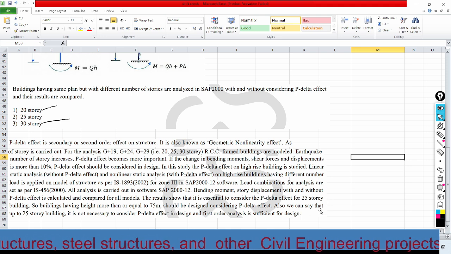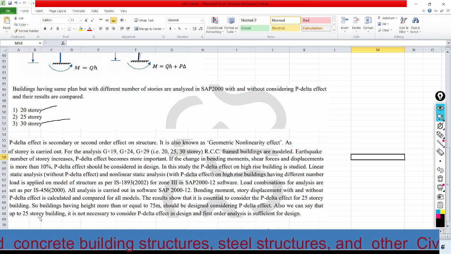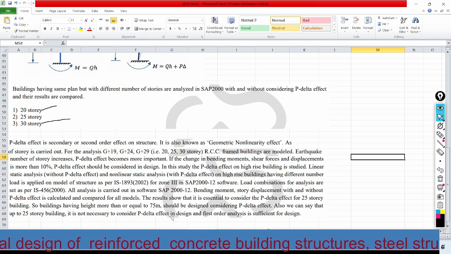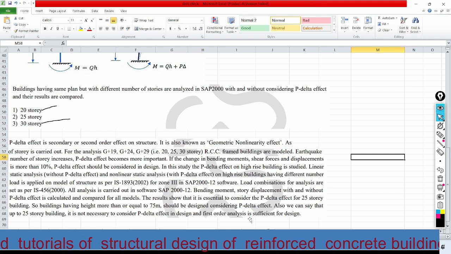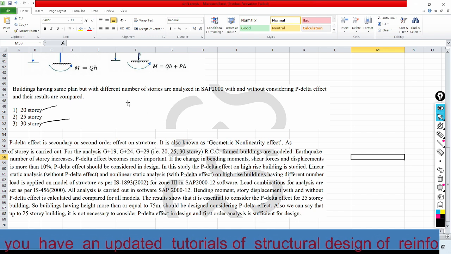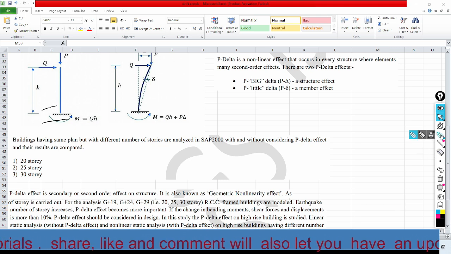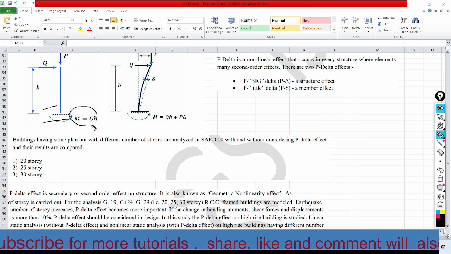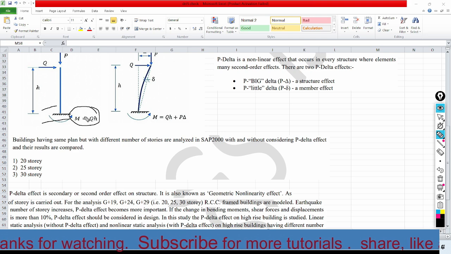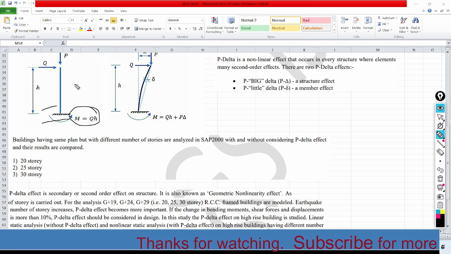And so also we can say that up to 25-story buildings, it is not necessary to consider the P delta effect in design, and first order analysis is sufficient. That means considering only the first order moment is adequate for buildings less than 25 stories.